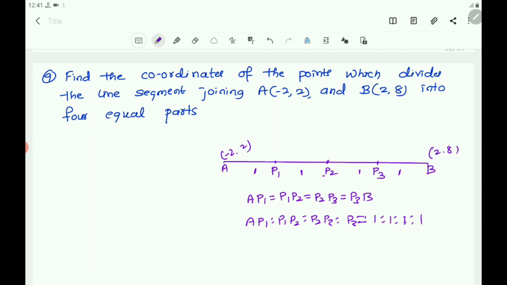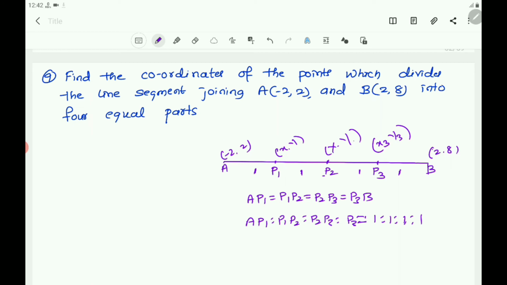They are equal here. So here let us have P1 is a point with the coordinate (x, y), and P2 is a point with coordinate (X, Y), and P3 is a point with coordinate, let us have (x1, y1), or otherwise you take this as (x3, y3).